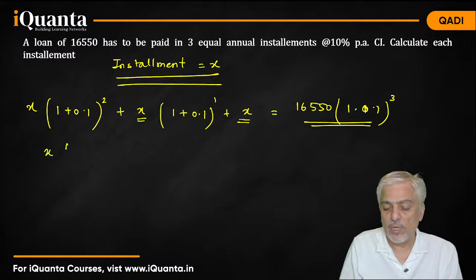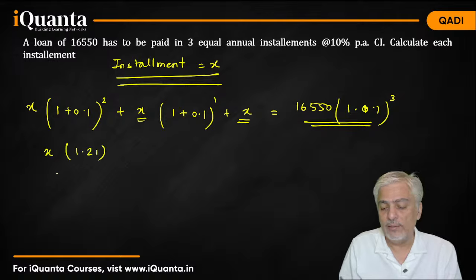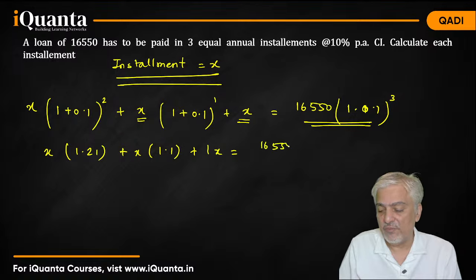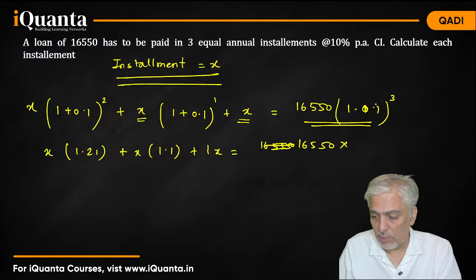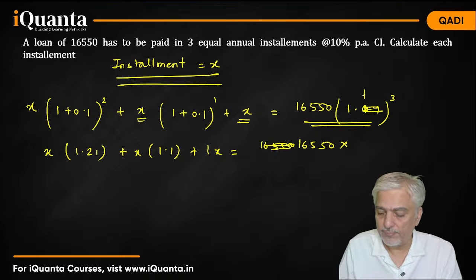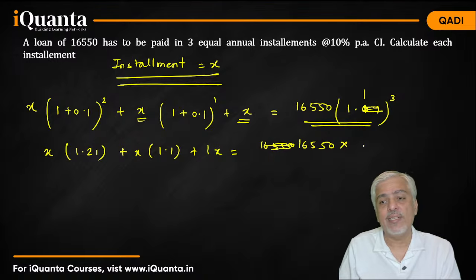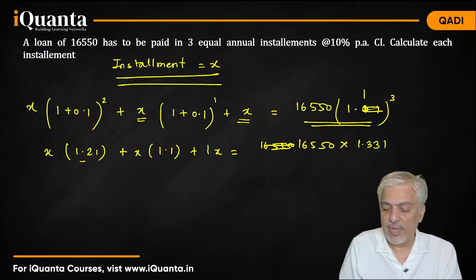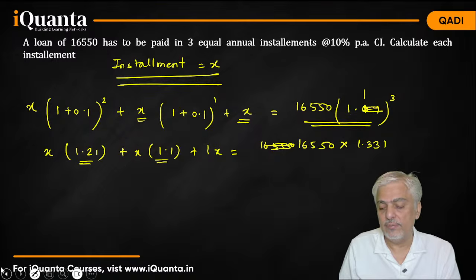So x into 1.1 square is 1.21 plus x into 1.1 plus 1x is 16550 into 1.1 raised to 3. 1.1 raised to 3 is 1.331. Okay, add up these 3, what do you get? 3.31.